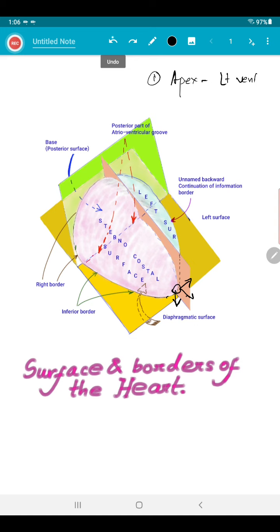When the examiner asks what you mean by anatomical apex, you will have to say: it is the downward, forward, and leftward conical small projection formed only by the left ventricle and located in the fifth intercostal space about 9 cm from the midline, slightly below and medial, not lateral, to the left nipple. That is the complete definition of the anatomical apex.